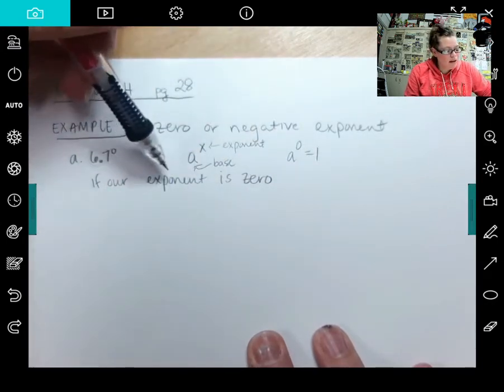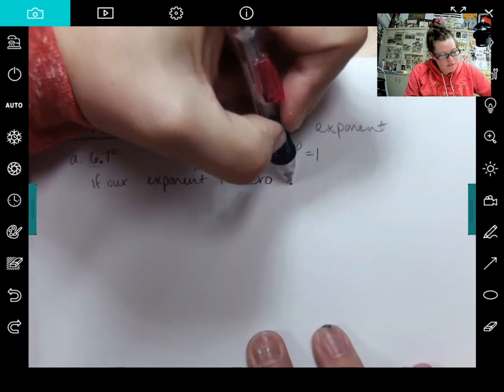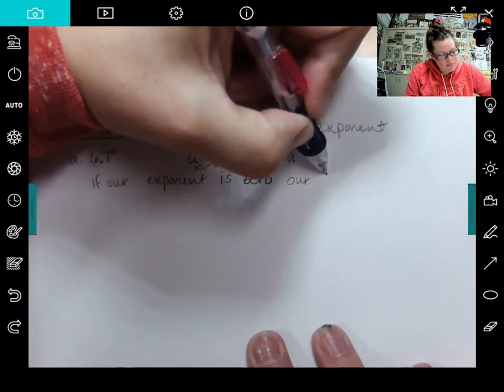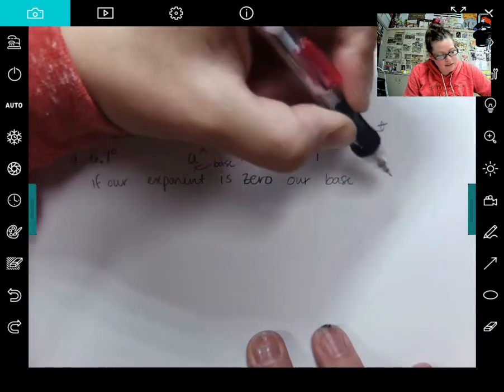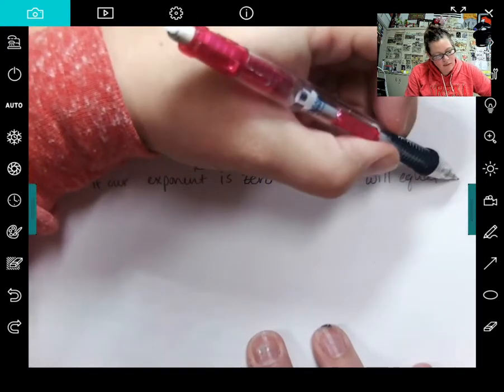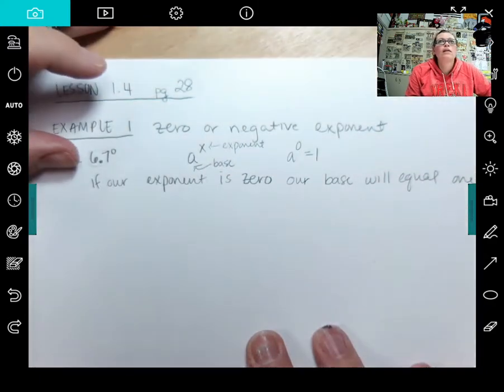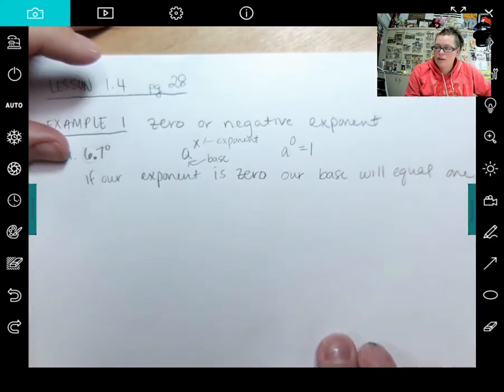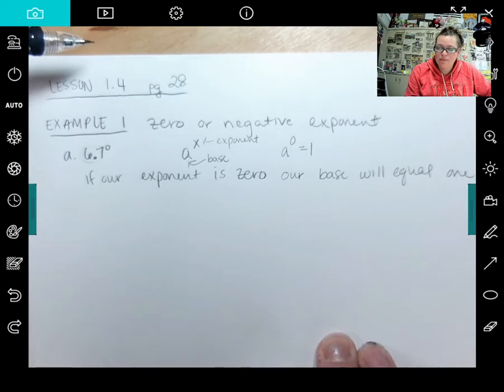So if our exponent is 0, our base will equal 1.